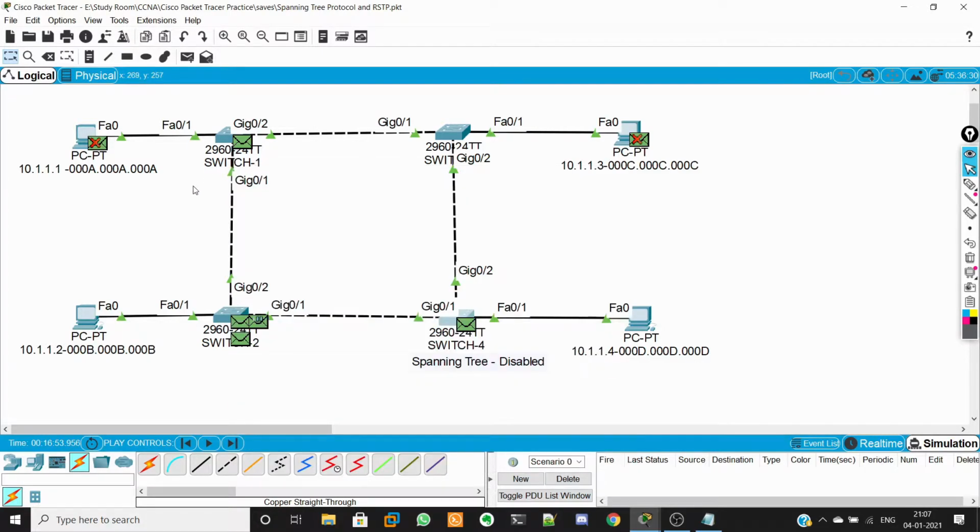Here in this network, the same frame is entering the switch through various interfaces. So obviously, in all these switches, the MAC address table is fluctuating. It is not stable. It is completely unstable. These are all the cruel issues which pushed us to find some technology to prevent this.